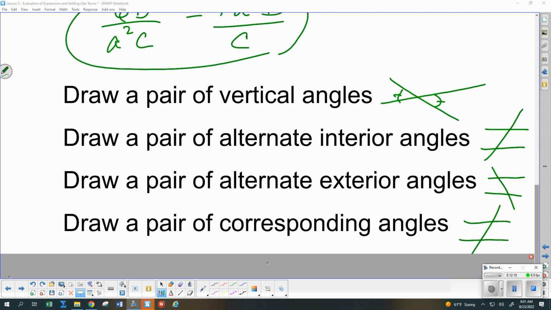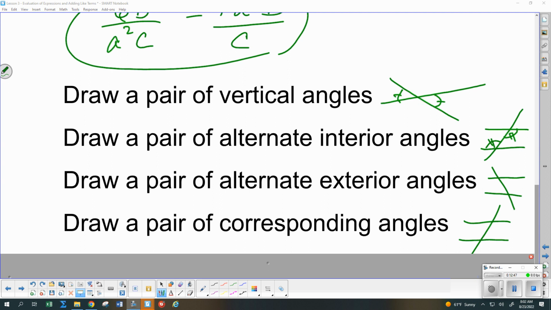I just want us to be able to tell when we looked back there which picture is corresponding, which one's alternate interior, and all of that. Alternate interiors would be something like these 2 inside the parallel lines, but opposite sides of the transversal. And these 2 happen to both be obtuse, the way that it was drawn on the backboard, but we could have picked these 2 acute ones.